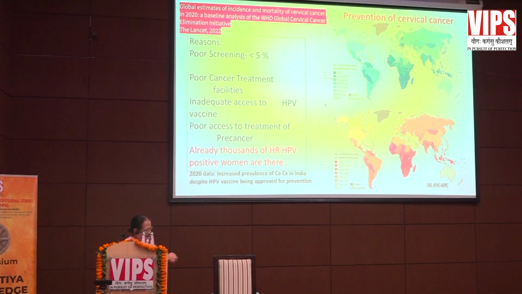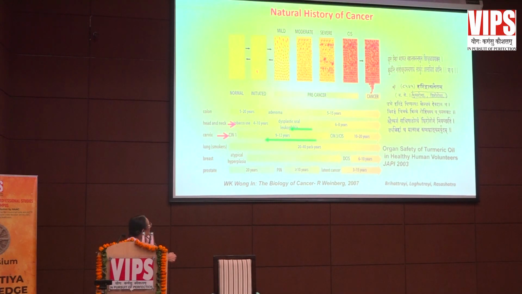So it is sadly, in India, not only is the cancer very common, but the mortality is also very high, because most women come in late stages. Next slide. If you look at the natural history of cancer, many solid cancers particularly, not the leukemias and the blood cancers, will have, from normal to cancer, a long precancerous stage.